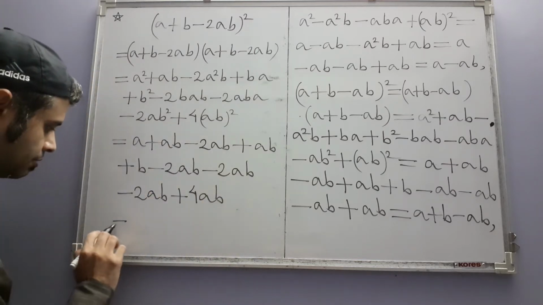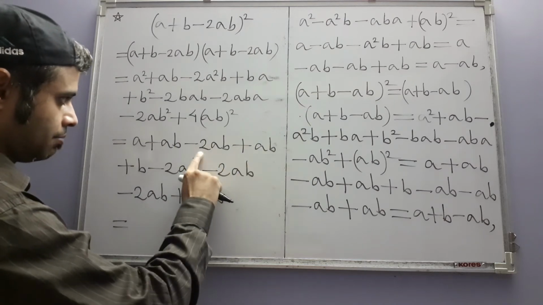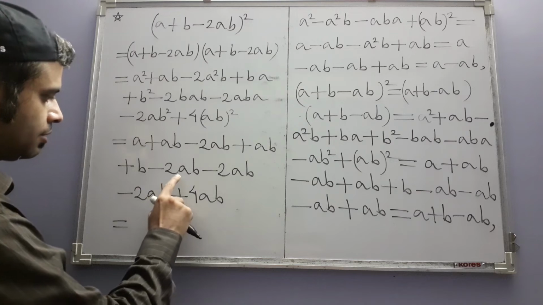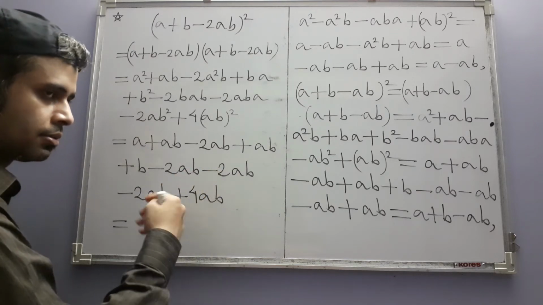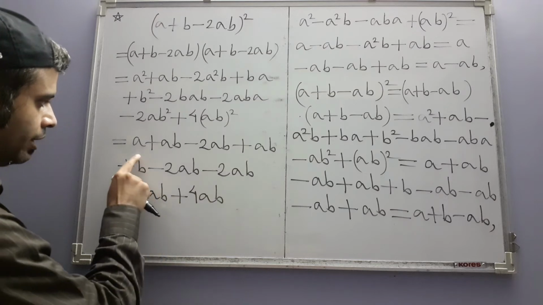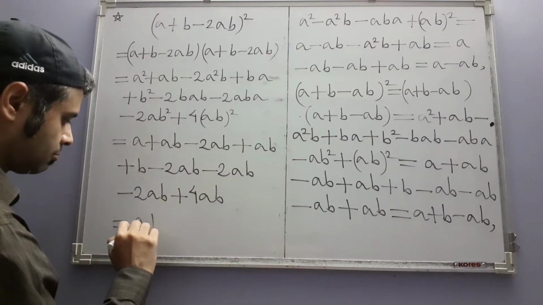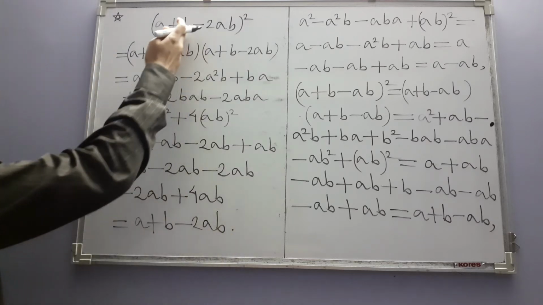Okay, so ultimately what do we have? ab, ab and minus 2ab, they cancel out, so this part is gone. Minus 2ab plus 4ab, they give us 0, so we are left with a, b and minus 2ab. So that's just it.